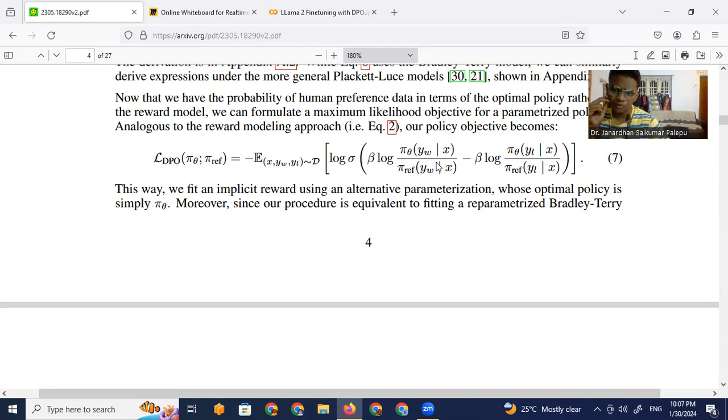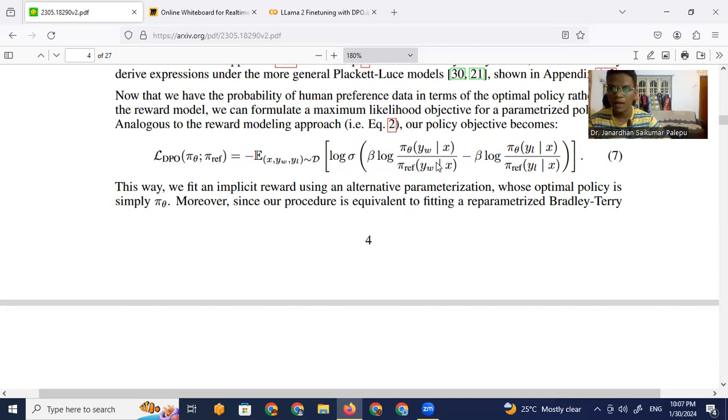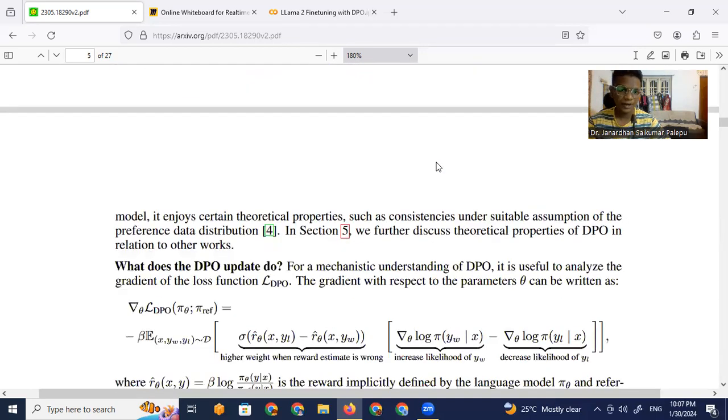The overall objective is to gain a smaller loss: we perform gradient descent, calculate the gradients, and do backpropagation. So to gain lower loss, the model has to give higher priority to YW and lower priority to YL while maintaining stability.